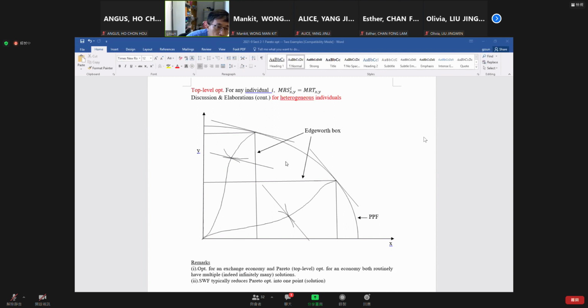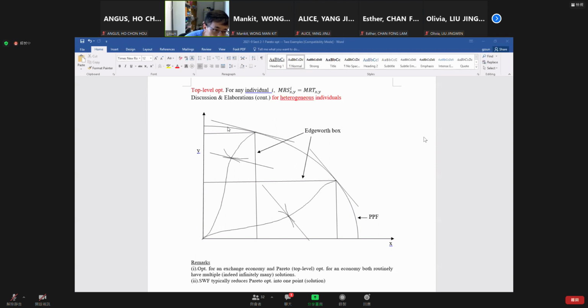Okay, and so this is about the production. In reality, we start from this one. We train the resources, labor, capital, material, water, and so on and so forth. Basically, we call them labor and non-labor inputs. That's resources. We train resources into something we can consume.